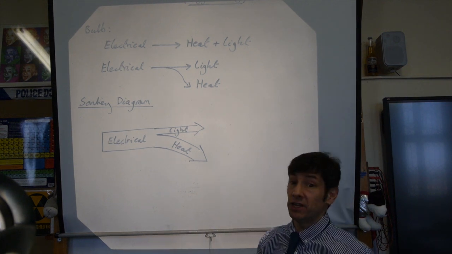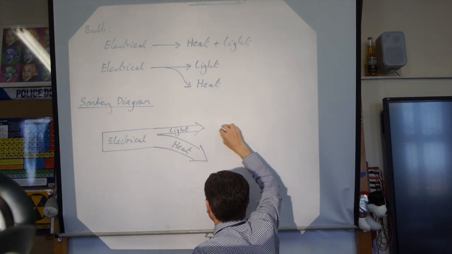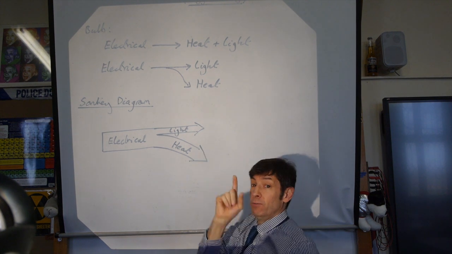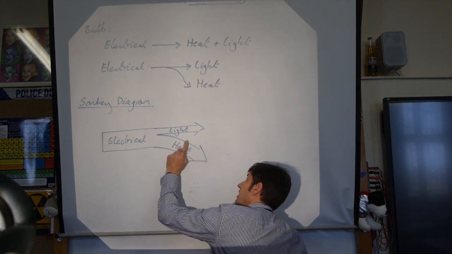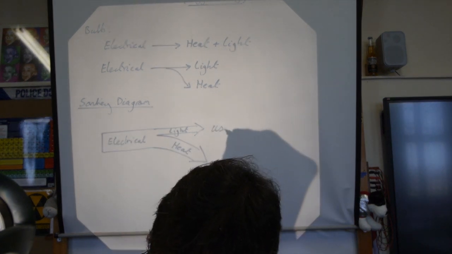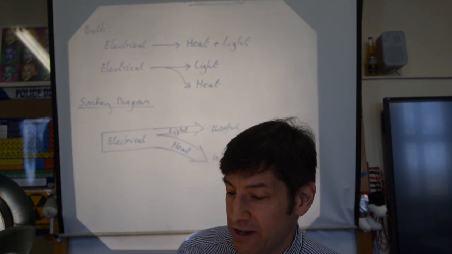But in an exam, I've seen it in all sorts of different ways. I've seen the energy we want that's useful coming this way and the wasted going up into the atmosphere, an arrow pointing upwards. So you can't learn the directions here, just draw the arrows and label them correctly. And this one we'll call useful, and this one we'll call waste energy.